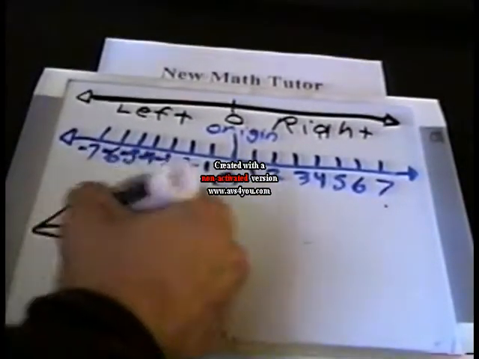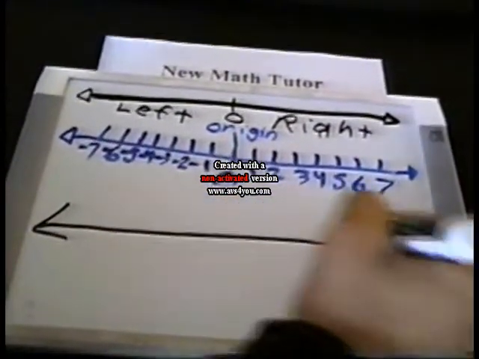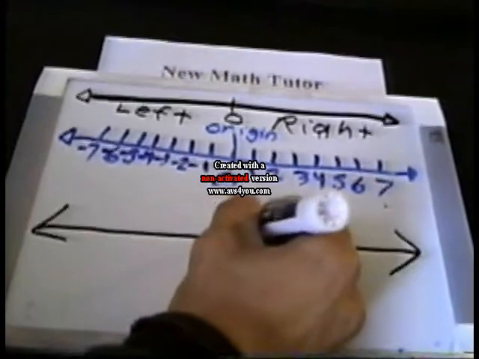Linear motion is motion in a straight line, one-dimensional. So what we're discussing is points.